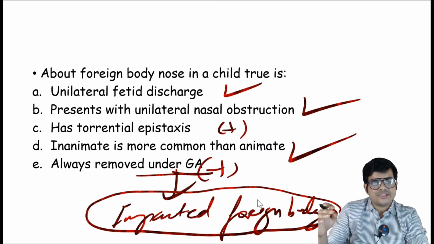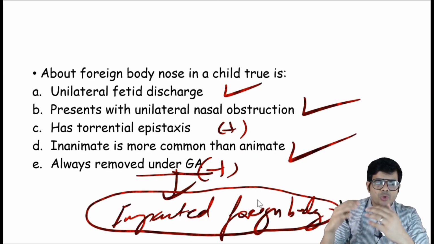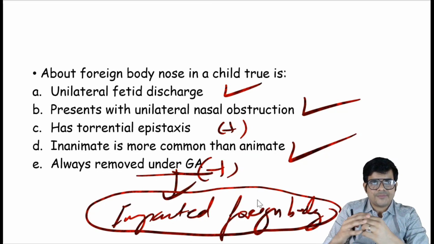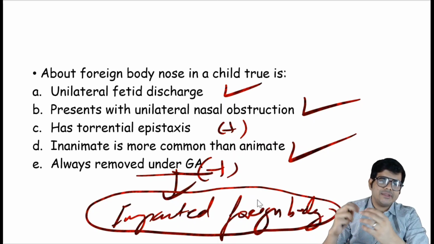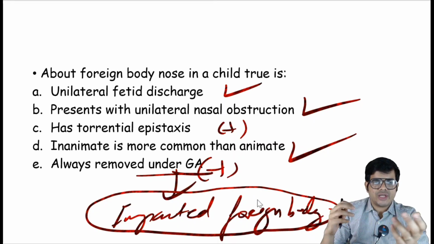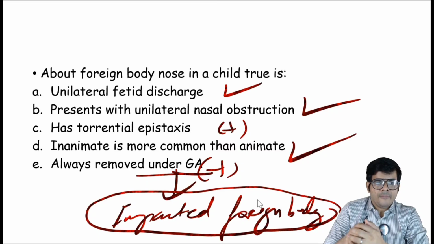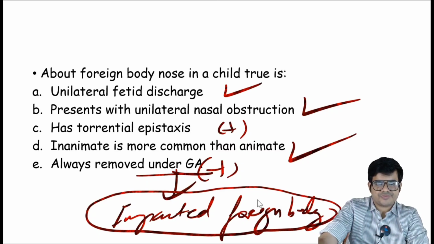You can remove it with the help of suction, but the most commonly taught method is restricting the child in the sitting position and using the Eustachian tube catheter to remove it. But this causes a lot of trauma to the child, and hence it is preferable to remove it under general anesthesia. Of course there are risks of GA, but it is still preferable.